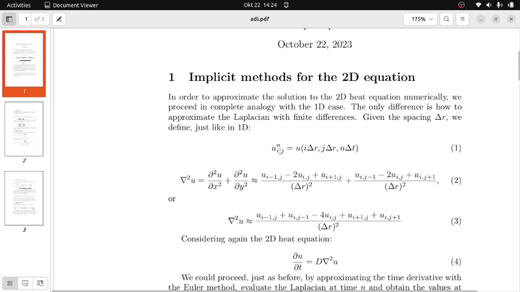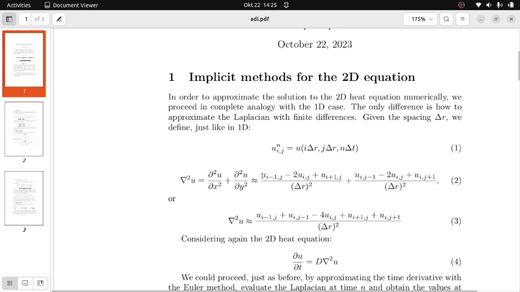We call U_ij^n the value of u at the i delta r position, j delta r position, at time n delta t. The Laplacian is the sum of the two second derivatives, and we do this with the central difference approximation.